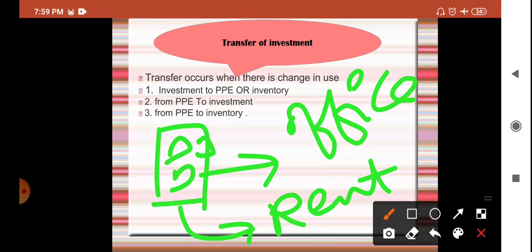Transfer occurs when there is a change in use. Before I was using this for my office, now I have let it on rent. So this is the change in the use. I am giving it for rent. So this is the scenario where we can transfer our investment property.